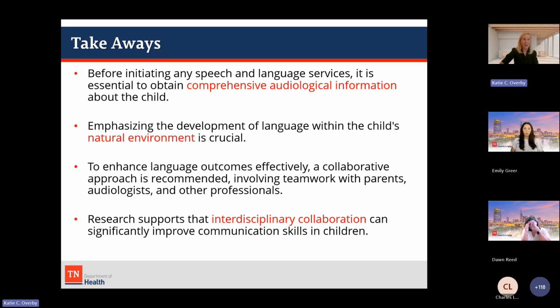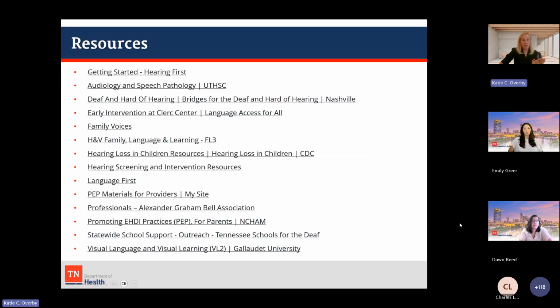We expect a lot out of providers, and I know I added 4 more jobs to you today, but really reach out and let other people, especially within the deaf and hard of hearing community, help you. So if you ask for the website, all of these are linked. And so these will take you to a variety of resources.